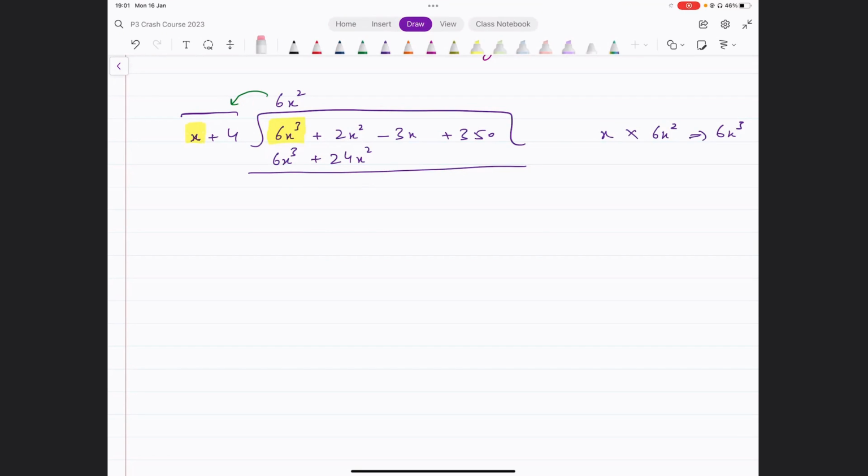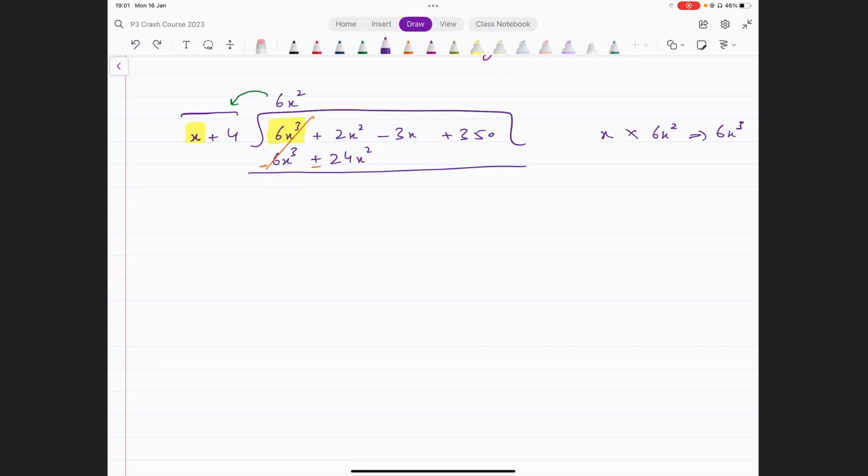Change the sign of every single term. So 6x cubed, change the sign for this and then add it. Here this was plus, you put minus there. Similarly, change sign for this as well. Instead of plus, you put minus there. Now, what's 6x cubed minus 6x cubed? This gets cancelled. So you got rid of the cube term.